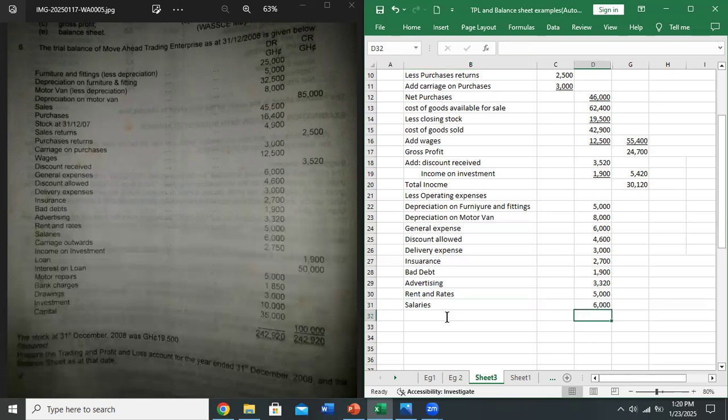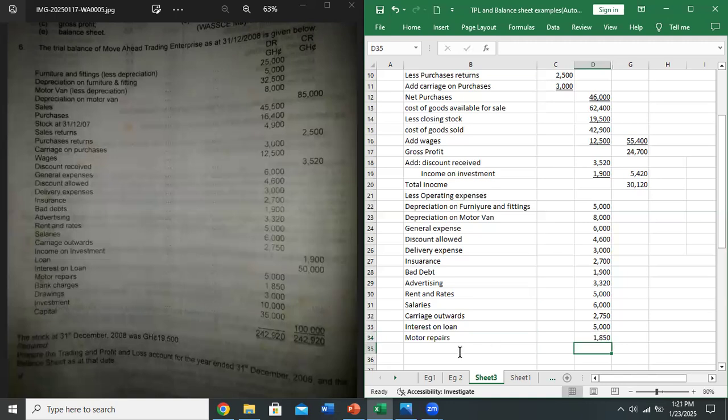Carriage outwards 2,750. The next is the interest on loan. Wow, this question has plenty expenses. Interest on loan 5,000. And motor repairs 1,850.